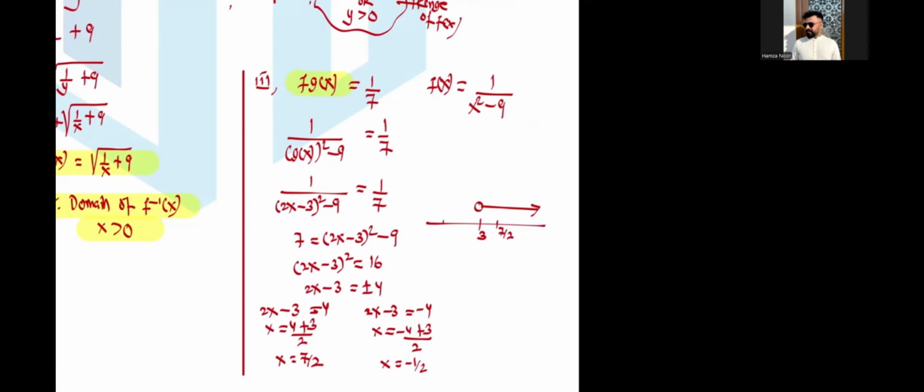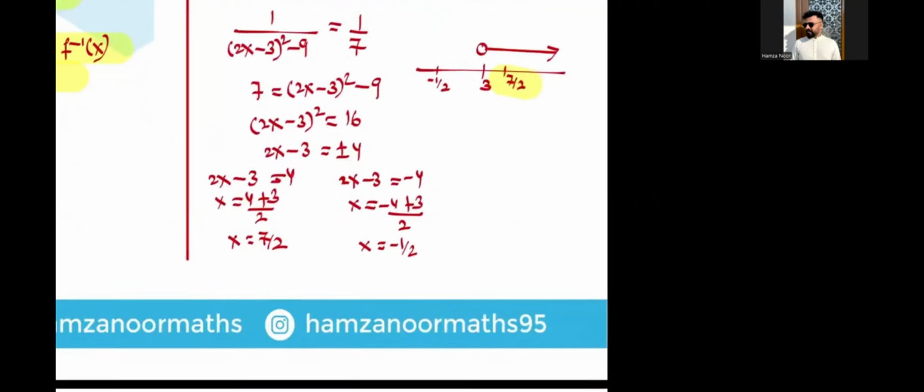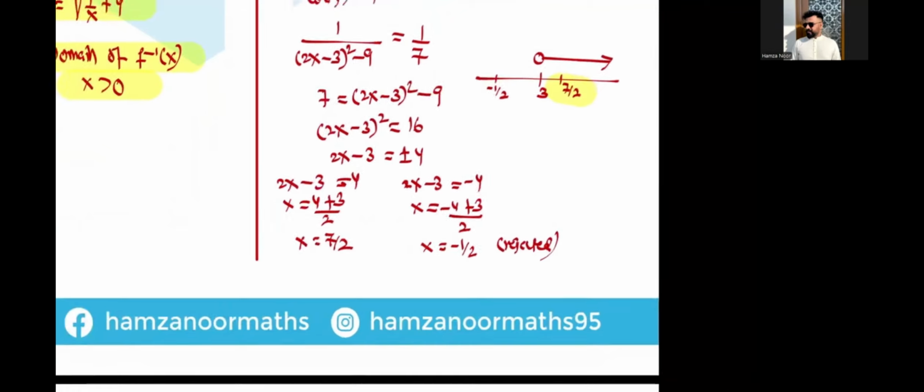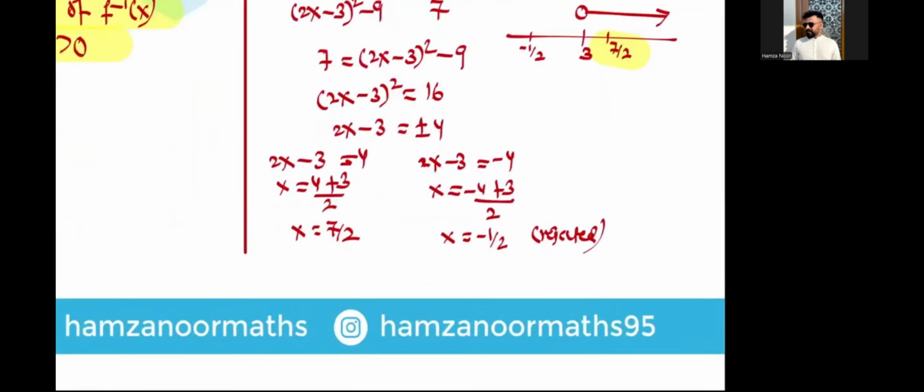The other value is minus half, somewhere over here. The answer which will be acceptable is the one which is according to the domain of the inner function. So only x equals 7 over 2 will be acceptable and minus half will be rejected. So x equals minus half will simply be rejected, and your only answer is x equals 7 over 2.